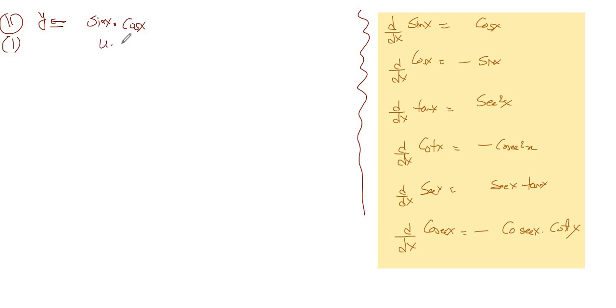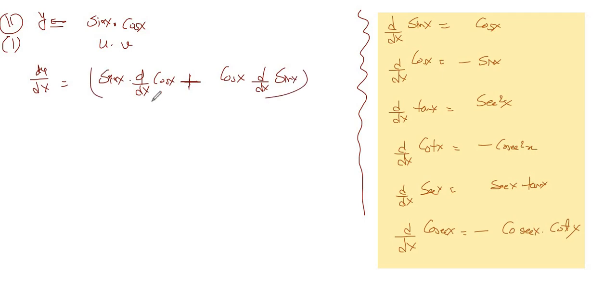So can I use the u into v method? So dy by dx will be sin x d by dx of cos x plus, look carefully, cos x d by dx of sin x. Can I do that? Now sin x, what is derivative of cos x? Minus sin x. Cos x, what is derivative of sin x?